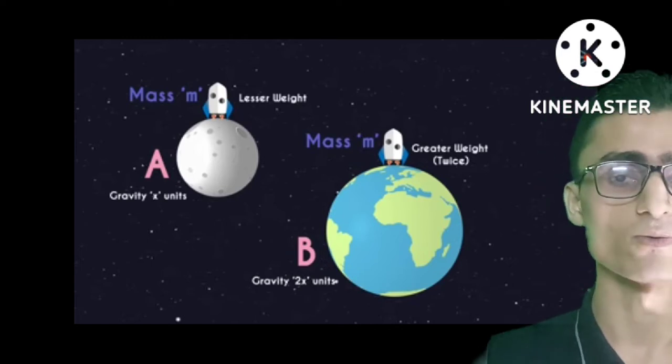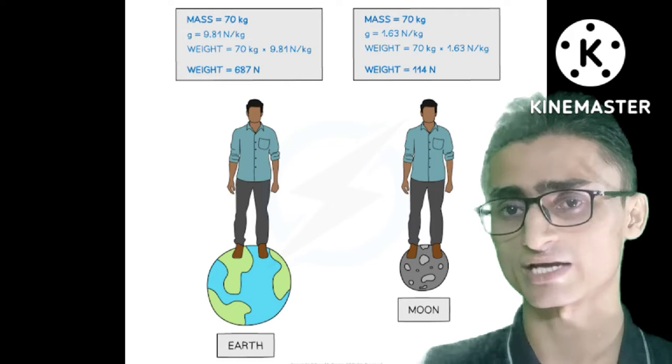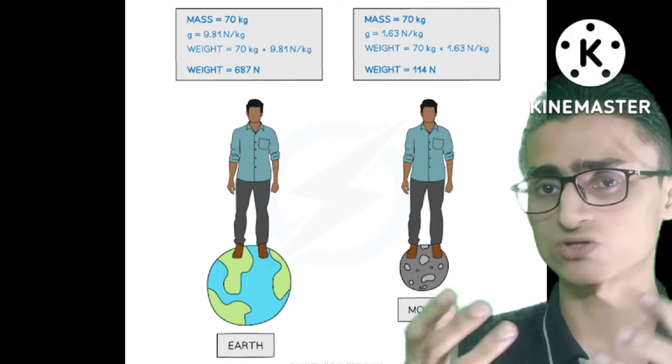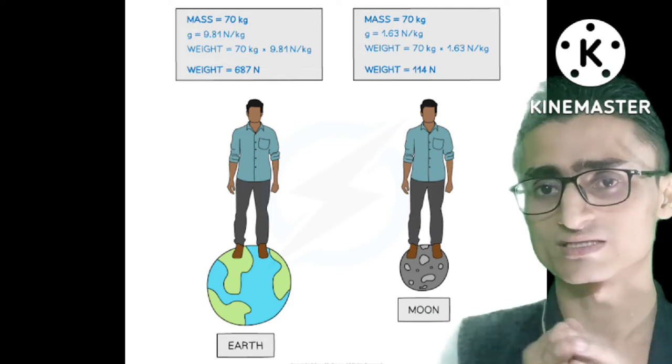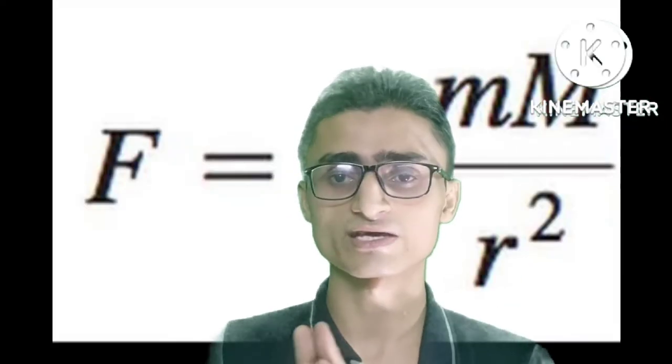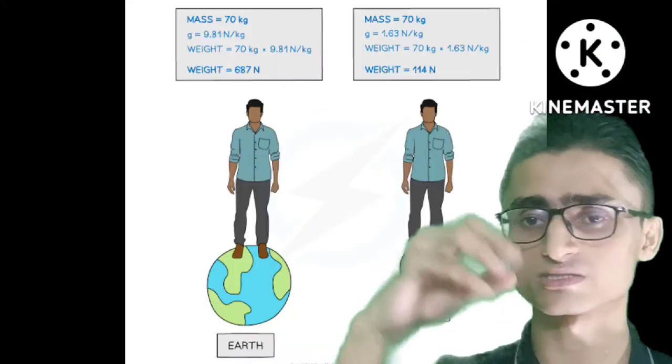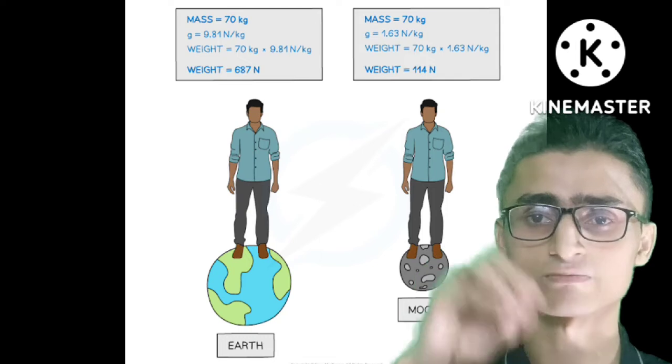On the other hand, what is mass? It is the measure of the quantity of material in that object. If I am asking you what the mass of a particular object is, its physical significance is just how much material is present in that matter.